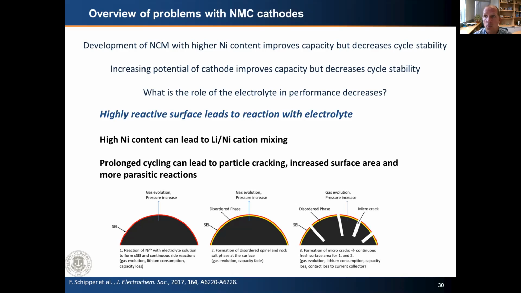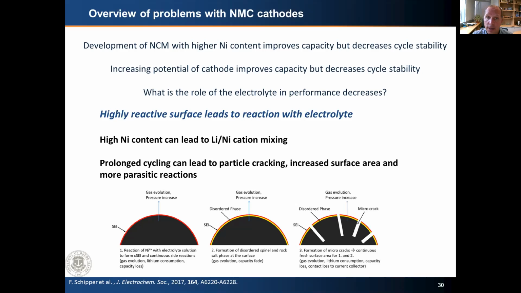When you try and shift these cathode materials to higher potentials, you start to see more electrolyte decomposition reactions, and you see a significant decrease in cycle stability. At the same time, as I mentioned in the first presentation, there's a big interest in moving away from cobalt to higher nickel content NMCs.